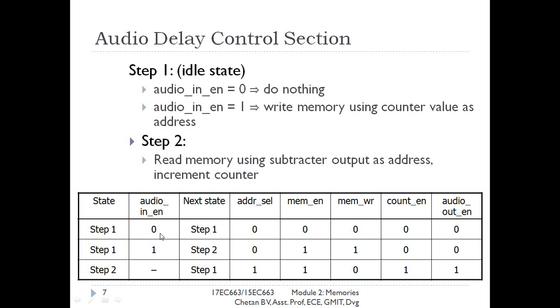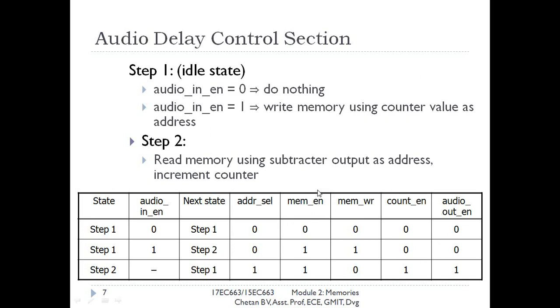If this is 0, the next state will be step 1. The FSM will remain in the idle state. In this idle state, if audio in enable becomes 1, meaning a new sample arrives, then the FSM will proceed to step 2. In step 2, it will perform its operation, and unconditionally it will move to step 1, the idle state again.